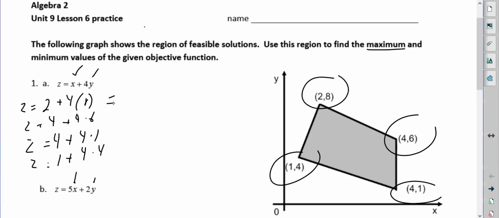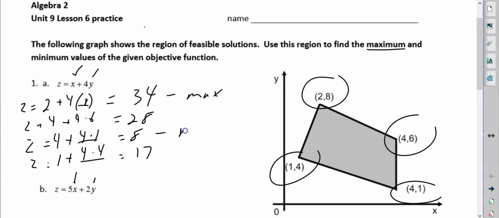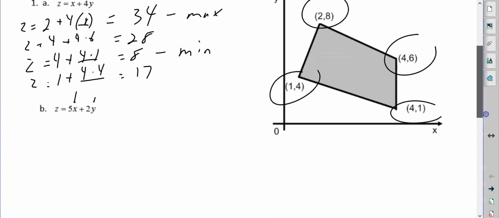And just calculate. 4 times 8 is 32, plus 2 is 34. 4 times 6 is 24 plus 4, that's 28. 4 times 1 is 4 plus 4 is 8. And that's 16 plus 1, that's 17. So my maximum is here. My minimum is there. And we're just going to do the same thing.